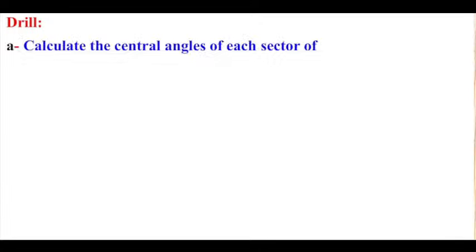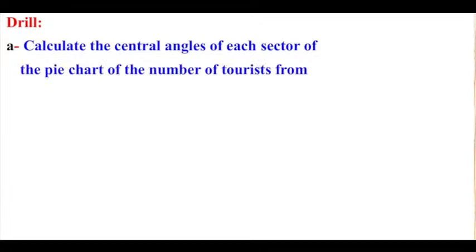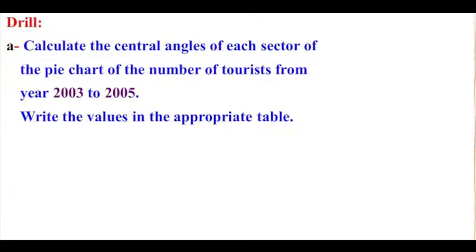Drill. A. Calculate the center angles of each sector of the pie chart of the number of tourists from year 2003 to 2005. Write the values in the appropriate table.